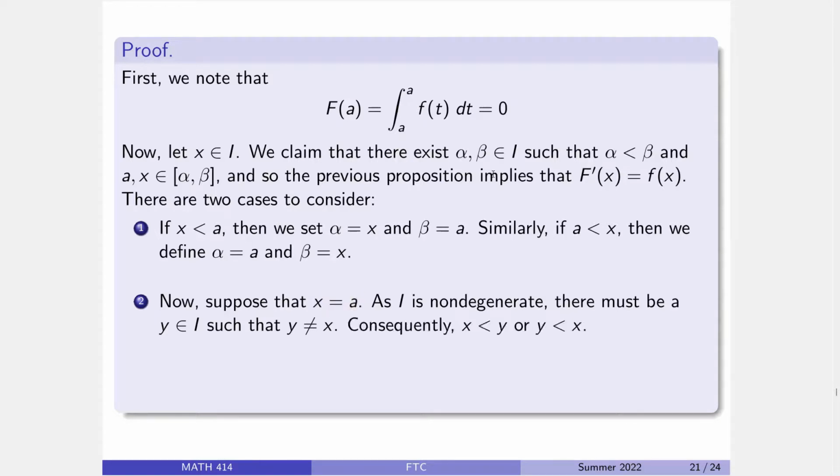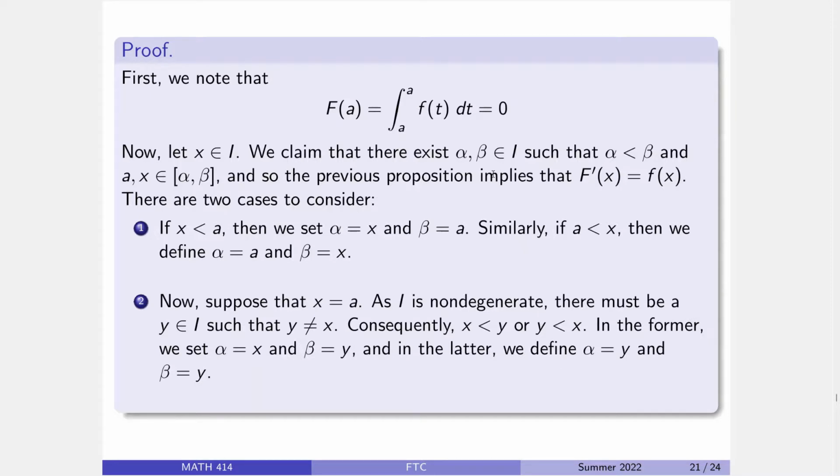And then now we have either x is less than y or y is less than x, so we do exactly what we just did before, where alpha and beta are chosen so that we have a strict inequality between alpha and beta, and the elements x and a live in the interval, and note that I only need to care that x lives there. Alright, beautiful. So we know that we send a to 0, and we now know that we are differentiable, and our derivatives line up with what we want them to.